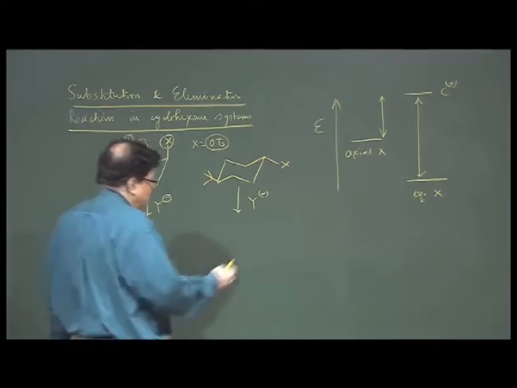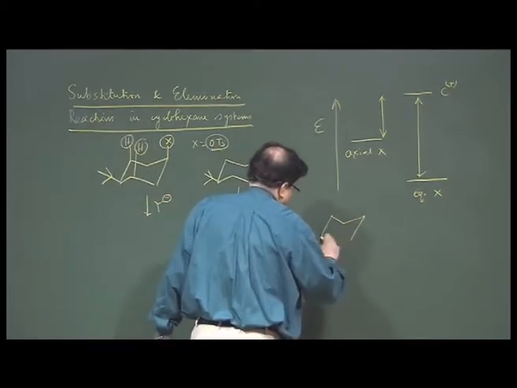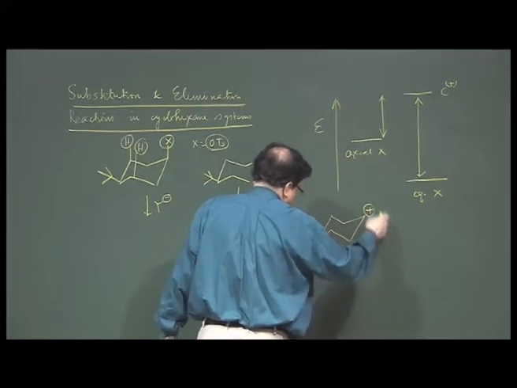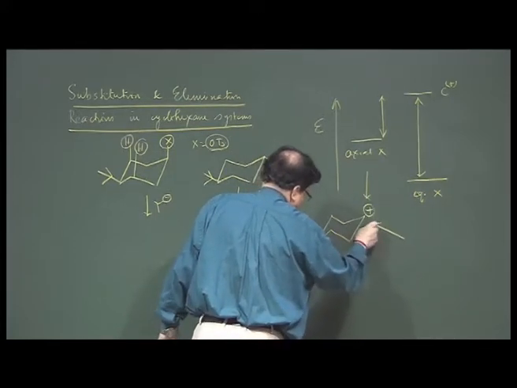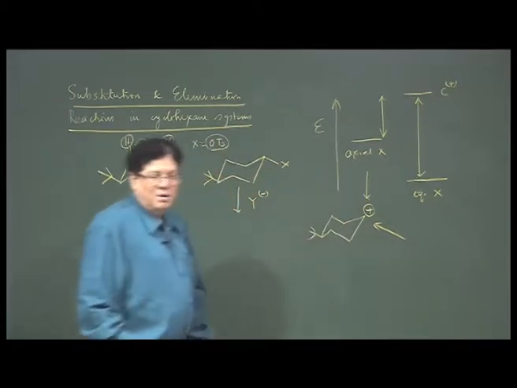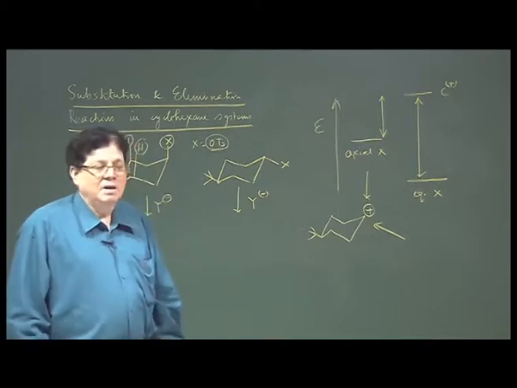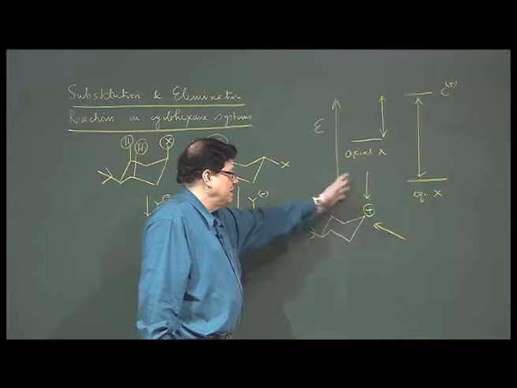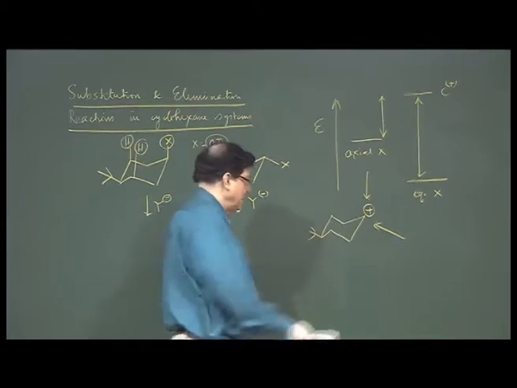When the carbocation is formed, because the next step is very fast, the nucleophile can attack from both sides. There may be some discrimination, the equatorial product may be a little bit more, but in theory, because the step is very fast, there should not be any selectivity in this attack under SN1 conditions.